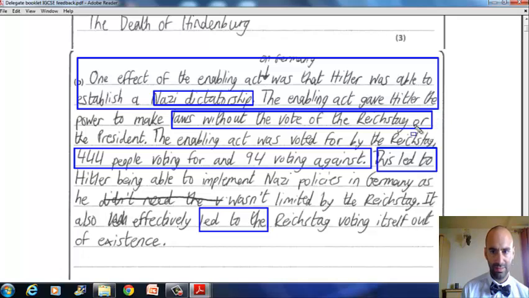We've got the effects being targeted, not the events, not the causes, the effects. We've got that precise contextual knowledge here. No examiner can argue with that. And then the leading language hammers away at the question, this led to. Another way of doing that would be as a result, because, furthermore, this led to.